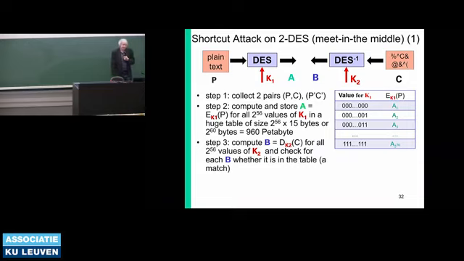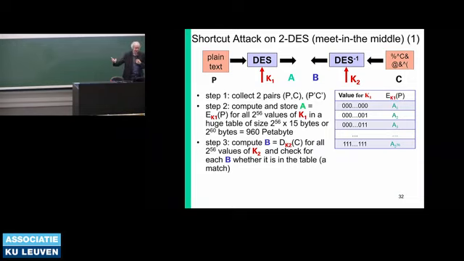What you do now is you start from C and you run through all the keys K2, and you decrypt and you find the value B. Now, if K1 and K2 are the right values, then the value B is equal to the value A. That's the middle point. And so then you know that you found K1 and K2. So you don't have to store things anymore.